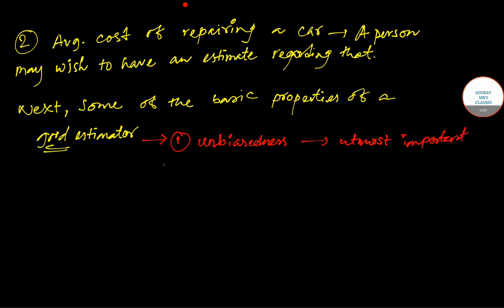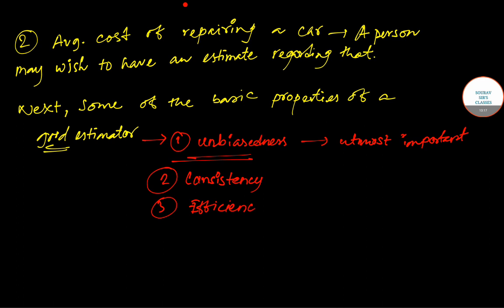Second is consistency. Third is efficiency. And fourth is sufficiency. So the very important properties of the estimators are unbiasedness, consistency, efficiency and sufficiency.